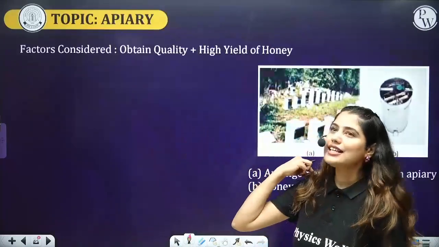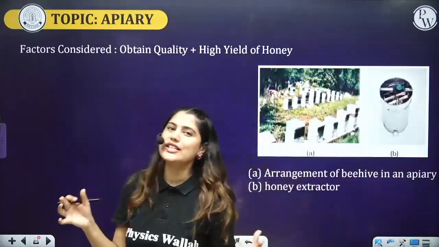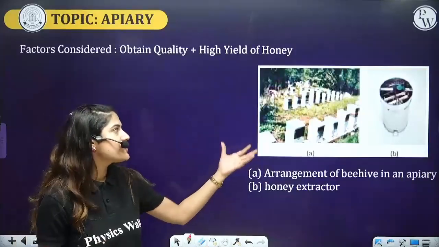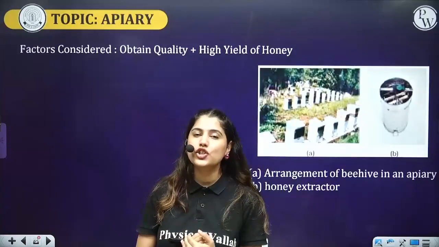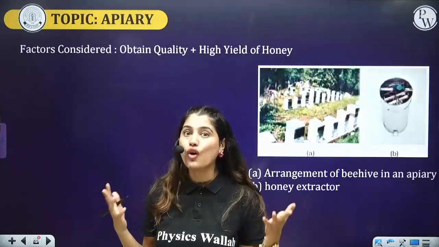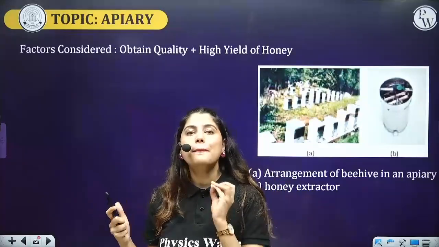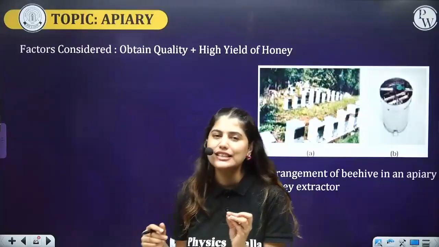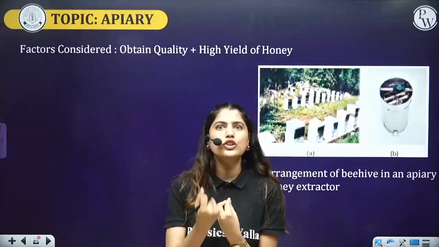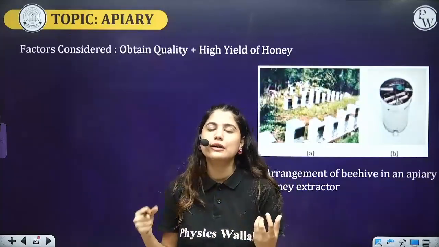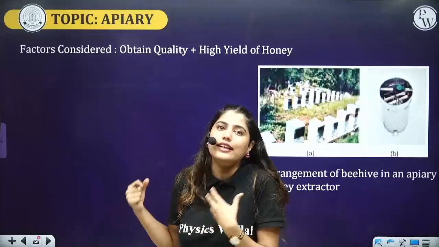Lastly, the apiary, basically the place where we are keeping our beehives, where we are keeping our bees. What we have to make sure, to increase the yield of the honey, is the pasturage, right? Basically the flowers. Obviously, if the flowers are large in number, then only honeybees can go and collect the nectar and pollen.